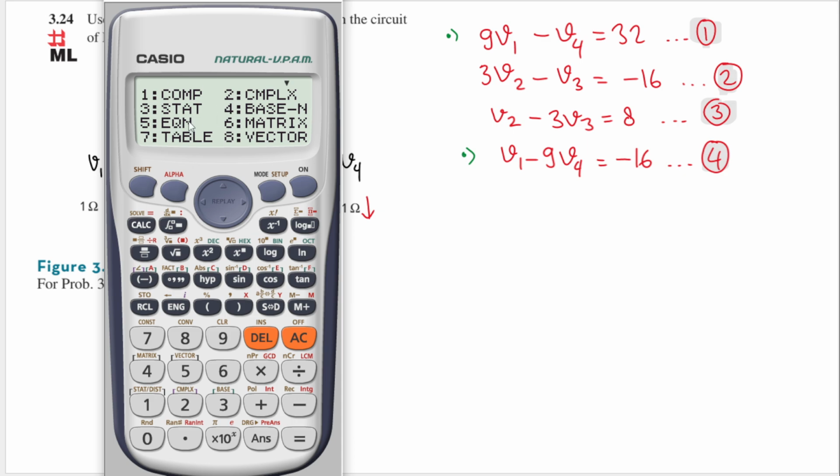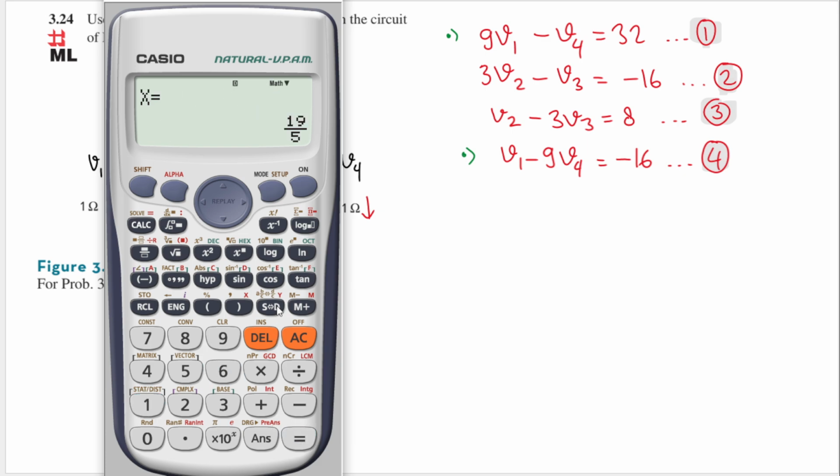Let's set up our equation solver with 2 variables, V1 and V4. I will have 9, minus 1, and 32. And then this one I will have 1, minus 9, and minus 16.